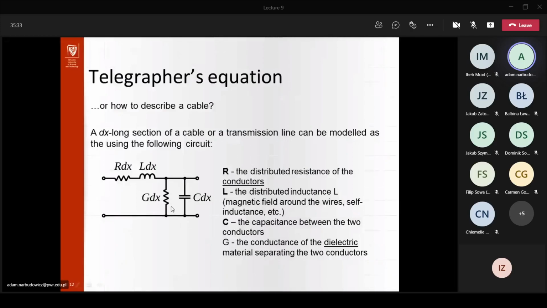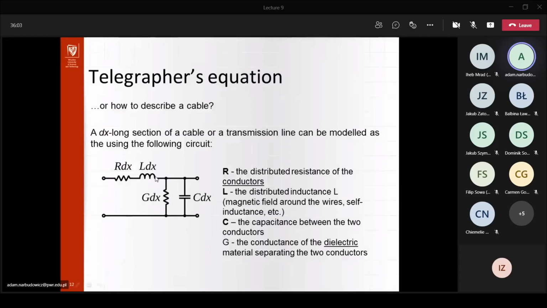Okay, so basically, for the lossy cable, we have the resistance and the conductance here. But if we deal with a perfect electric conductor, this R disappears and is replaced simply by a short circuit. And if we have a perfect dielectric with no leakage, this conductance will also disappear and be replaced simply by an open circuit, right?